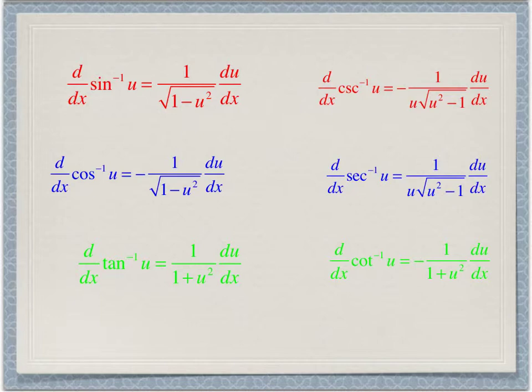So take some time and write all these down carefully, even though they all are on your Spark chart. It's good to write these down so you can get a feel for how they work. And then the next slide we're going to do just a couple different examples.